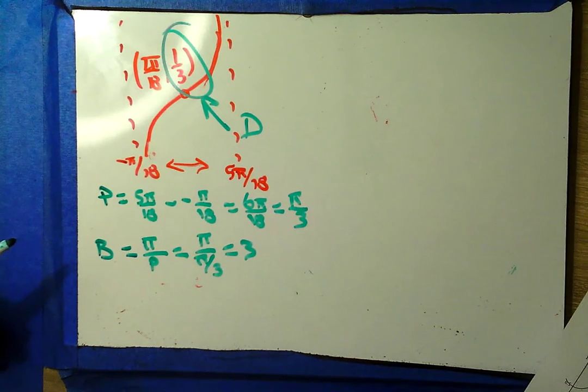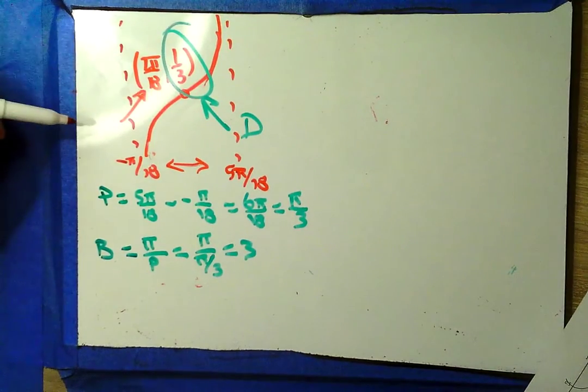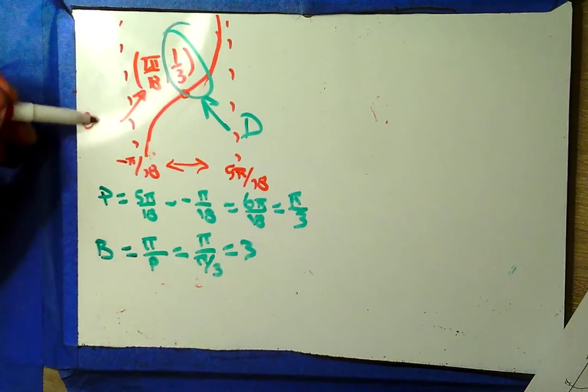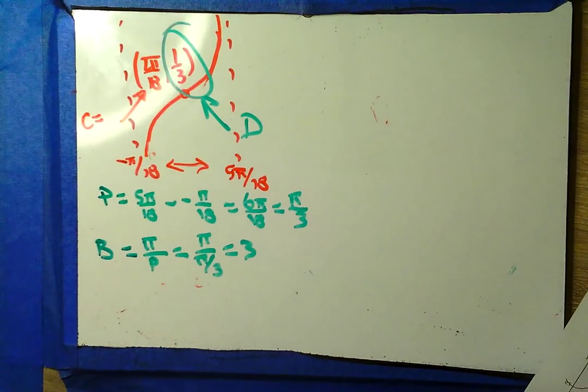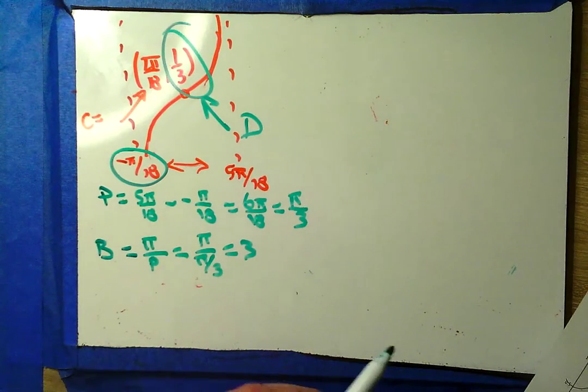So what else do we need to find? Oh, a c value. Well, again, the c value depends on whether or not we see a positive tangent or a negative cotangent. This is where we look for c for tangent. And this is where we look for c for cotangent, negative cotangent.